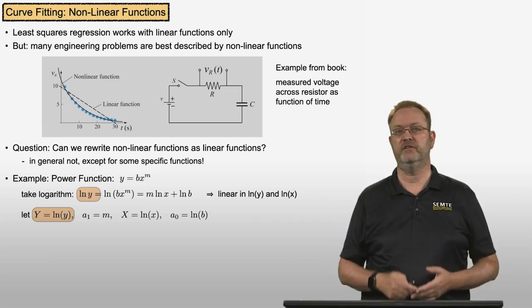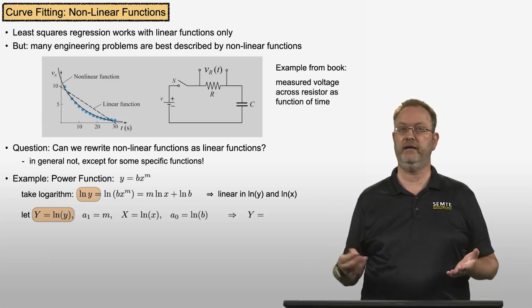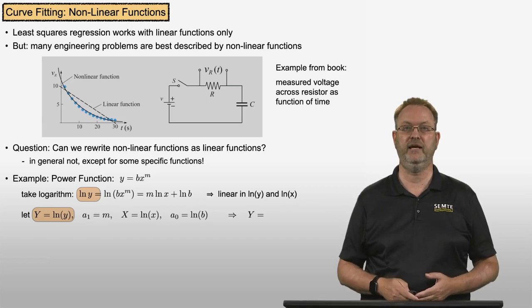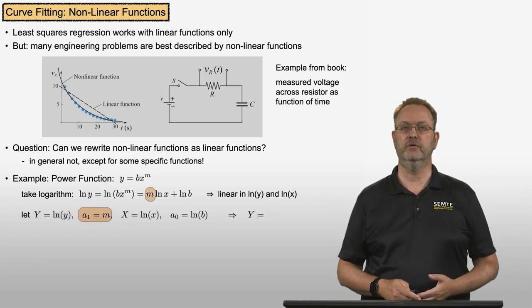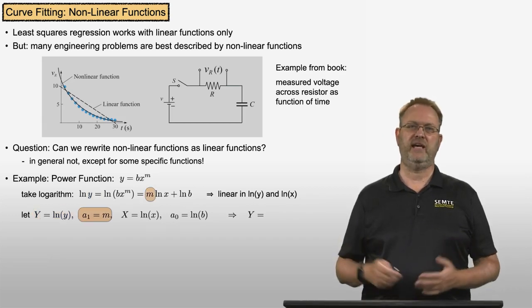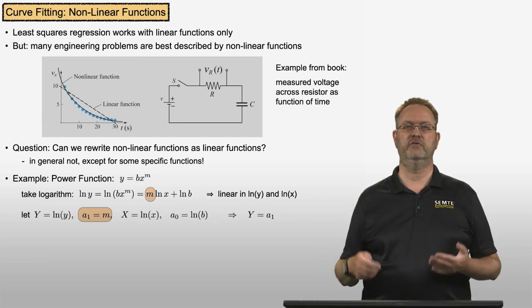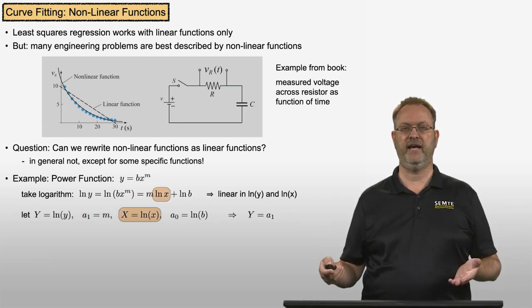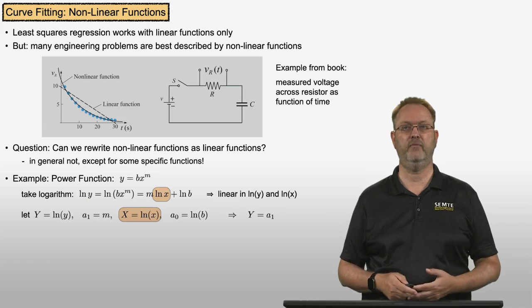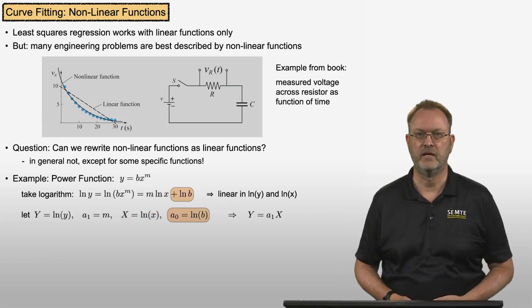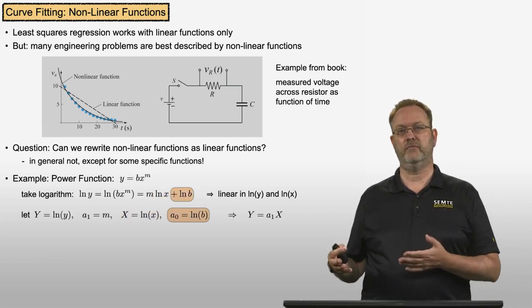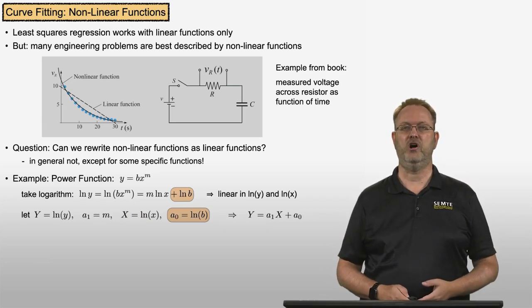So let's substitute this in. So I get uppercase Y, it's the logarithm of lowercase y. Uppercase Y is equal to m, which is a1, times the logarithm of x, but I called this uppercase X, so a1 times uppercase X, plus the logarithm of b, but I called that a0.